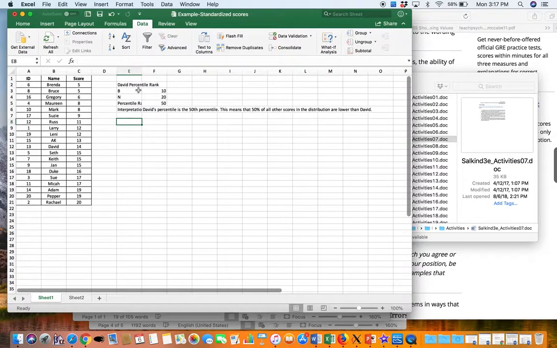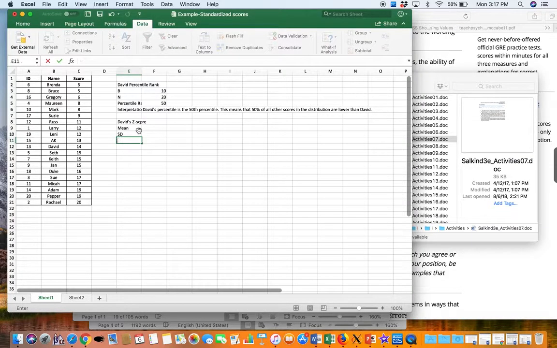Next thing, let's calculate David's z-score. And for this, we need a couple of things. We need the mean and we need the standard deviation. So the mean of the distribution and then the standard deviation of the distribution.